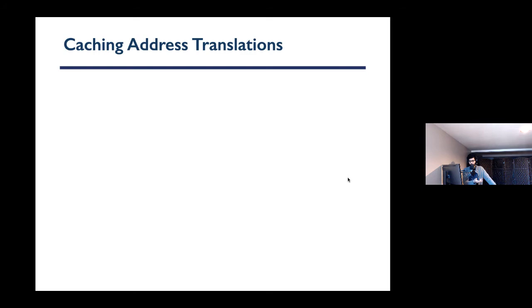And if later on you need to translate the same address, then you can use your cached translations. And that's the main idea. Now, good idea. We have to check first to see if there is some sort of locality. If you remember, caches are only good if you have some notion of locality, spatial or temporal locality. Let's see if we actually have that.